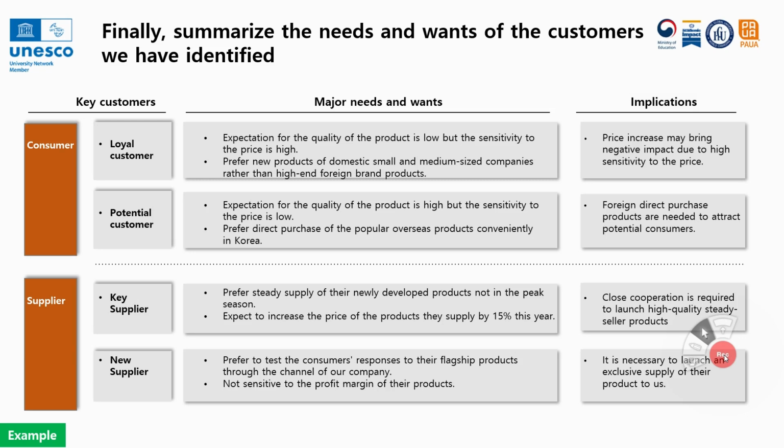With a very close relationship with supplier and us, we may introduce high quality products. Mainly, we can target the potential customers because they are not very sensitive to the price, and so that might be one of the strategies we can develop.